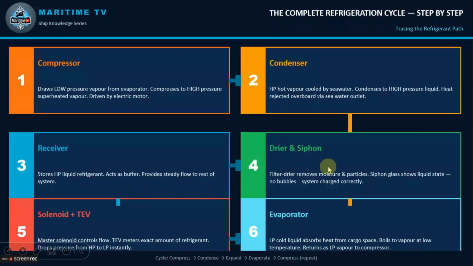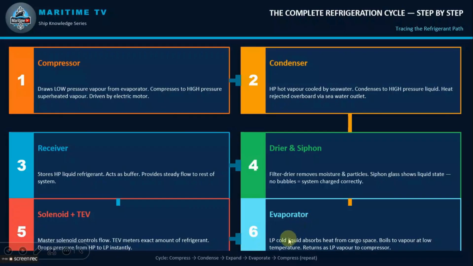So we have the dryer and sight glass. The filter dryer removes moisture and particles. The sight glass shows liquid state. When no bubbles, it means the system is charged correctly. So we have the solenoid and thermal expansion valve. Master solenoid controls flow. The thermal expansion valve meters the exact amount of refrigerant, drops pressure from HP to LP instantly.